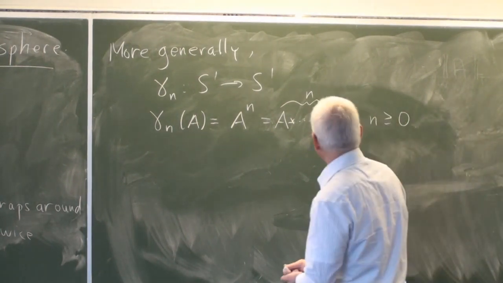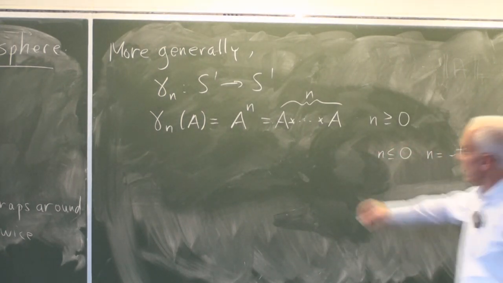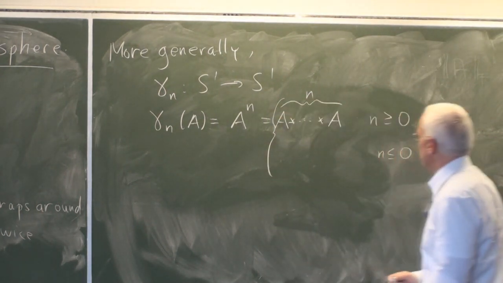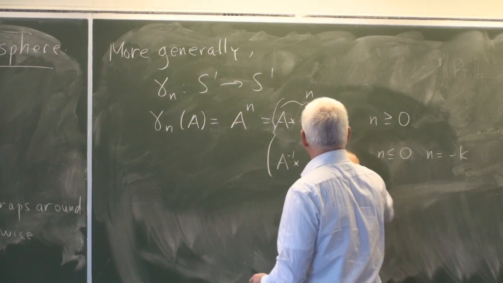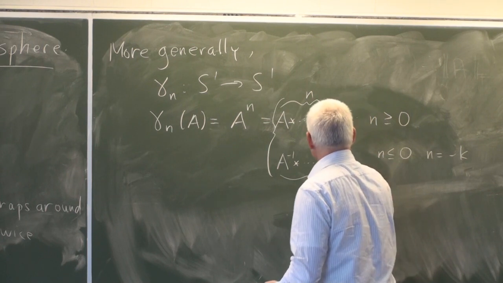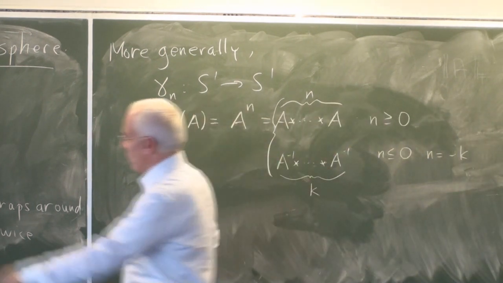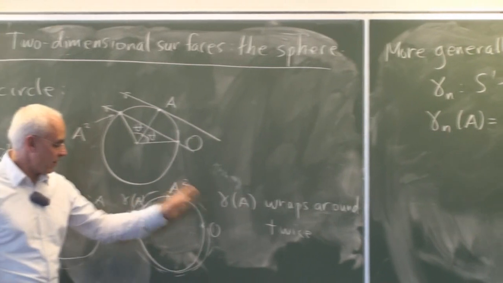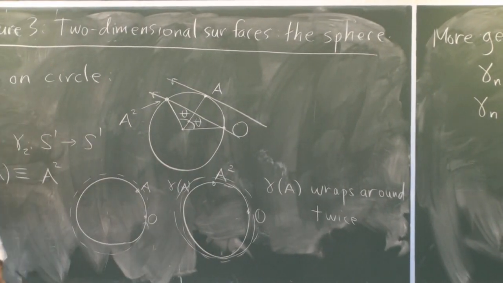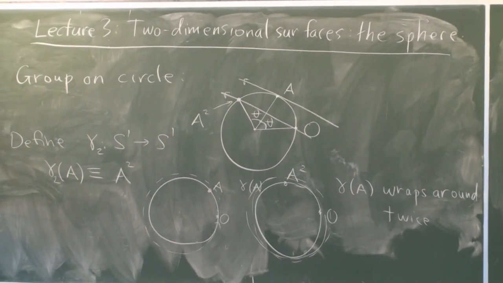And if n is negative, let's say n is equal to minus k, then it would mean A inverse times A inverse times A inverse, k times. So what we get is a wrapping of the circle around itself, either n times in this direction if n is positive, or k times in this direction if it's negative. So the algebraic structure defines these interesting maps.